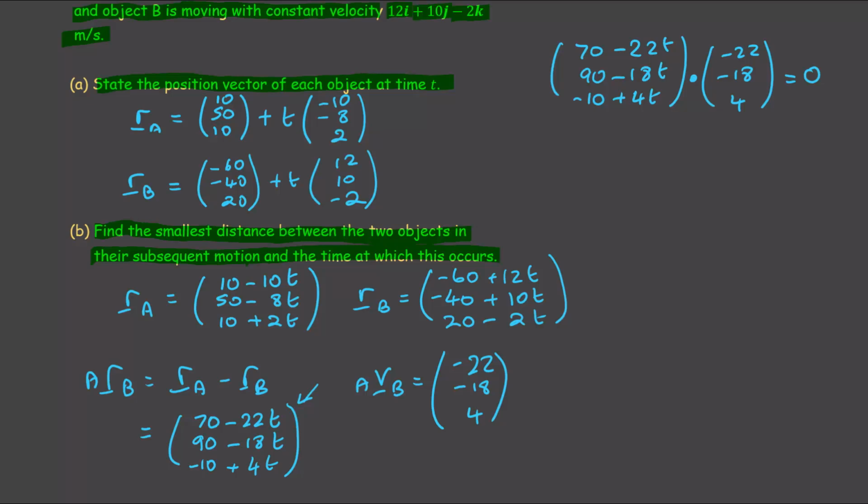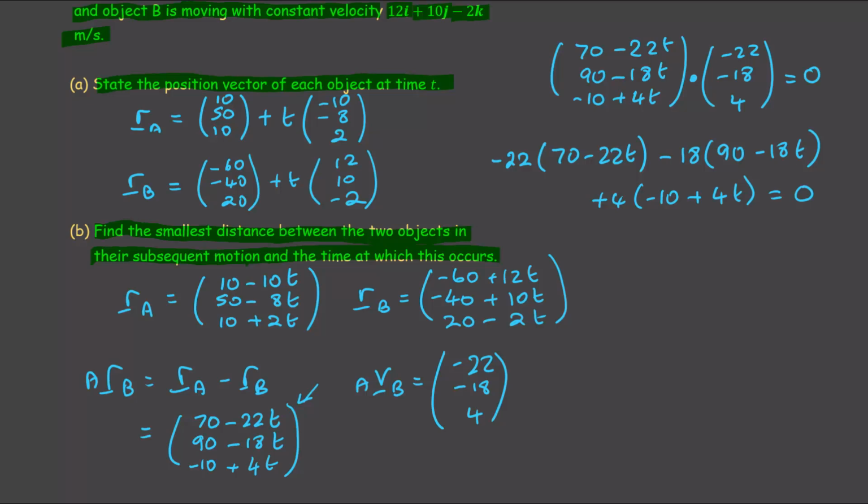So that gives us negative 22 times 70 minus 22t, take away 18 times 90 minus 18t, plus 4 times negative 10 plus 4t is equal to 0.